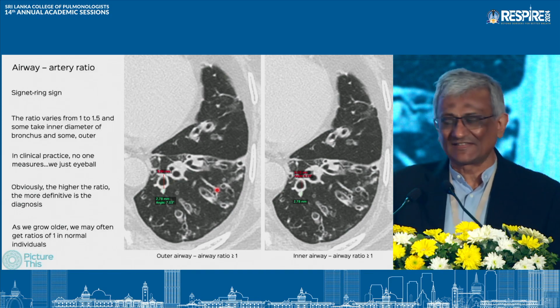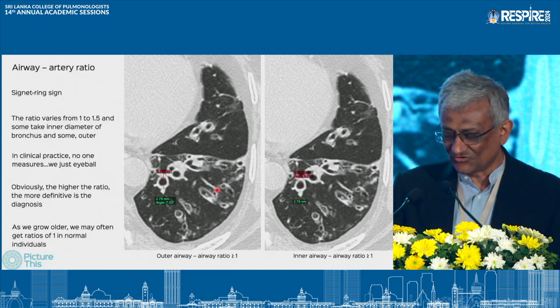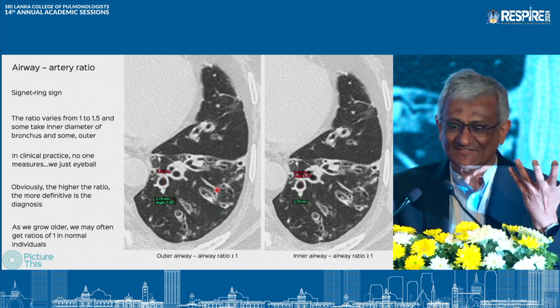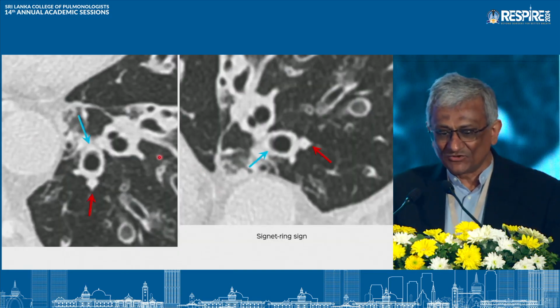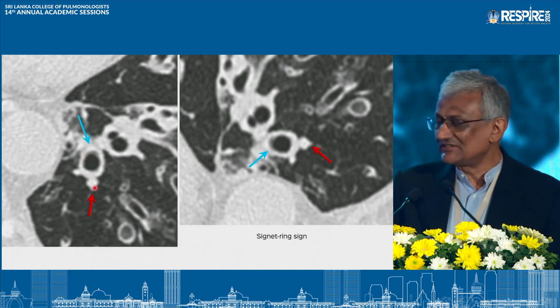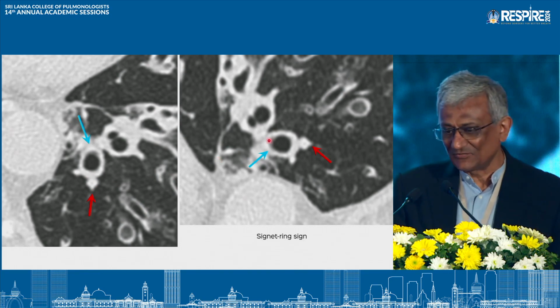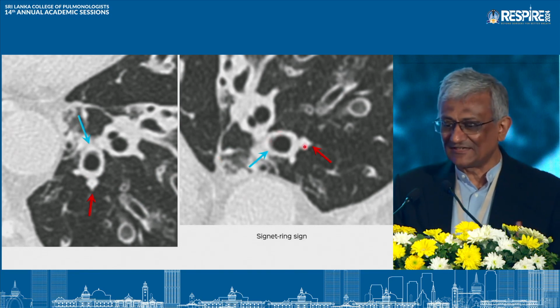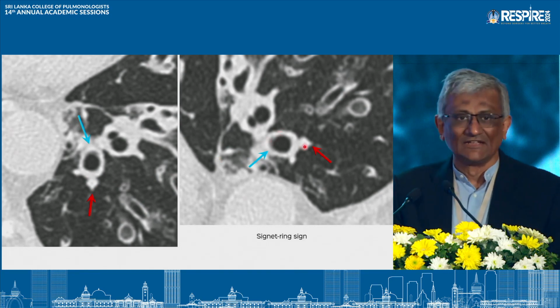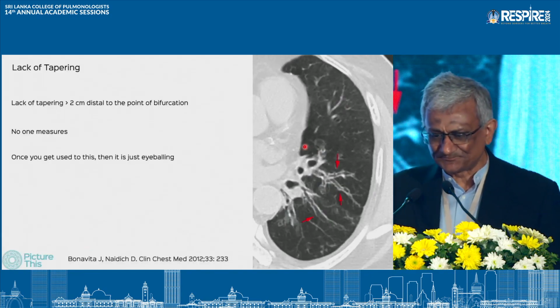Nobody measures except when you're doing clinical trials, and what we really do is just eyeball. So whenever you see the bronchus larger than the accompanying artery, that's bronchiectasis. And when you see them side by side like this, this is also called the signet ring sign.